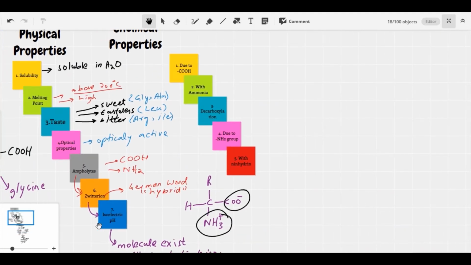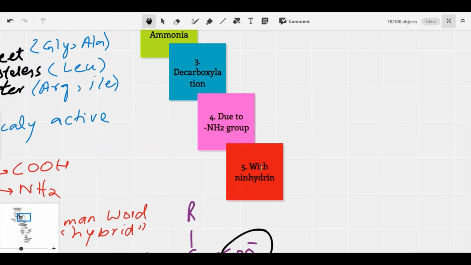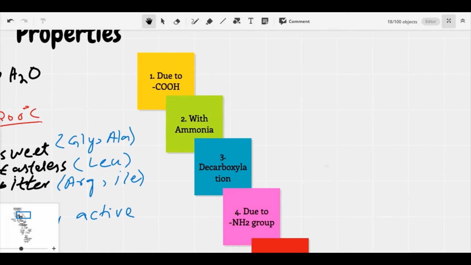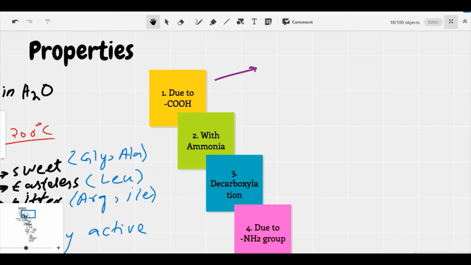Okay, now we are going to start the next one, and that is the chemical properties of amino acids. As I discussed earlier, the chemical properties consist of the reactions. Remember that there are two types of reactions because of the carboxylic acid group. For example, amino acids form salts, or they can make esters.